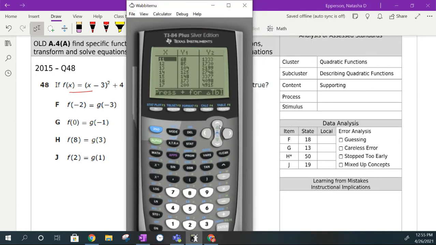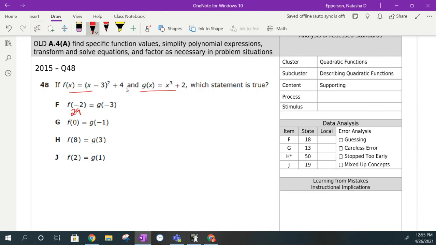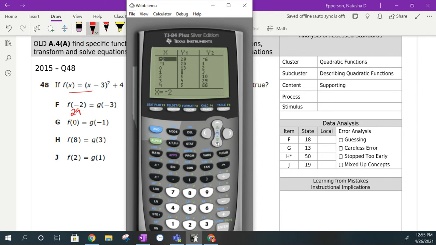I'm looking at my table values. So when x is negative 2, I'm scrolling down to negative 2, y is 29. So I'm going to write 29. When x is 0, this is for our y1, y is 13. Now let's look at our second one.